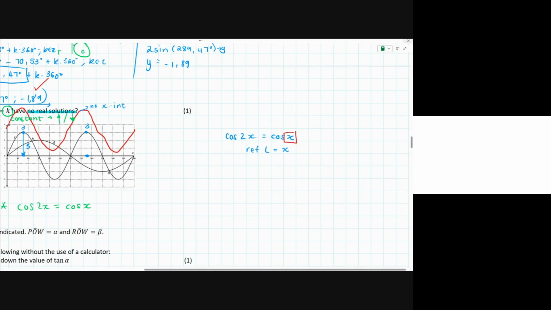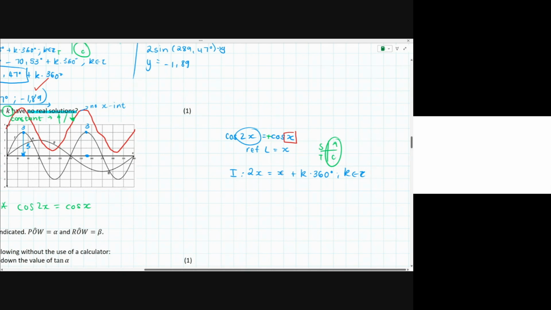This ratio that I'm working with from my reference angle is positive. It's positive cos x. And so again, I move to my quadrants. I'm then looking at quadrants 1 and 4 for a positive cos ratio. Cool. So quadrant 1, I take the angle I'm solving for, 2x, is equal to my reference angle plus k times 360, and so on.